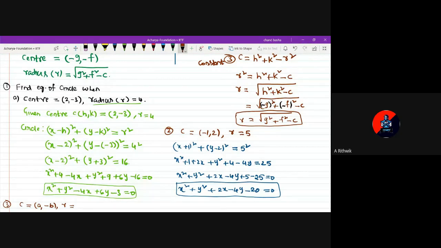A square plus 2ab plus b square. I have written a square plus b square plus 2ab. What is a here? X. Yes, sir, that one.